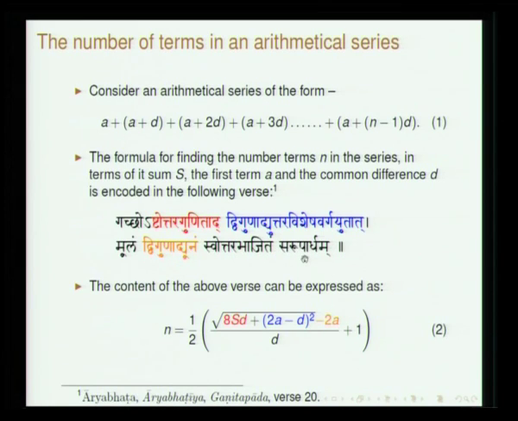Then the last term is Sarupa Ardham, Rupa is 1, so Sarupa is Rupena Saha, so add 1 to that, and then he says Ardham, so you have to divide by 2. So this basically gives the number of terms in an arithmetic series provided you know S, D and A. So this is the formula which has been given.